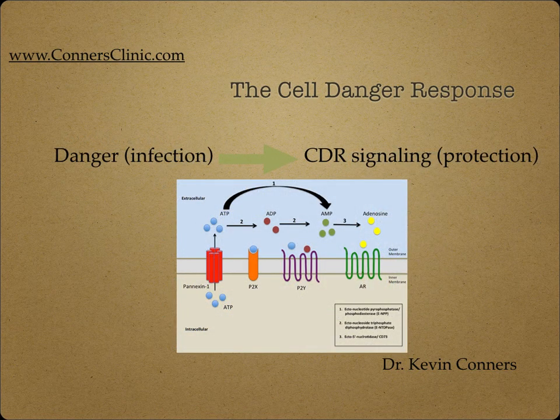In the case of an infection, in this example, you have different signaling that takes place in the cell to protect the cell from being damaged by that virus. So a virus or a bacterial infection can eventually kill the cell, and if you kill enough cells, you damage the tissue, you damage the organ, you cause death of the organism.